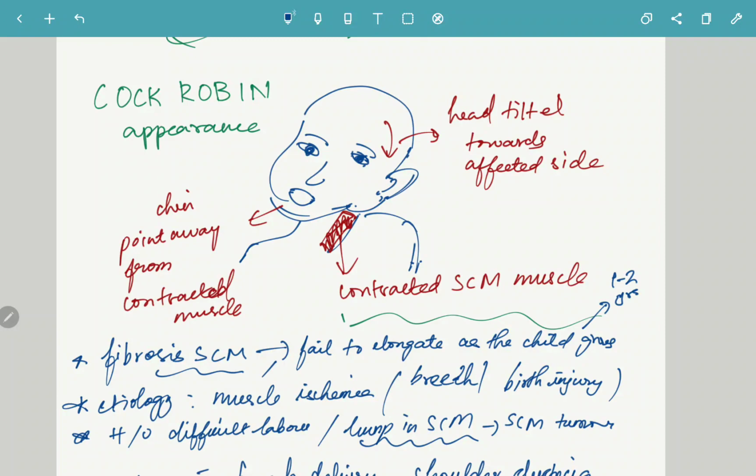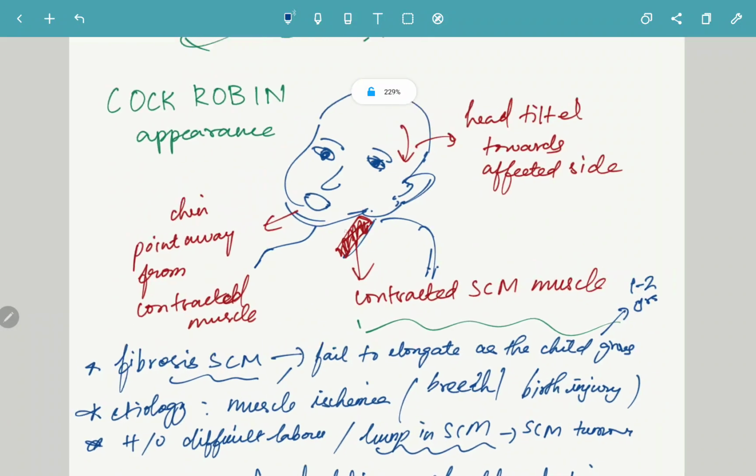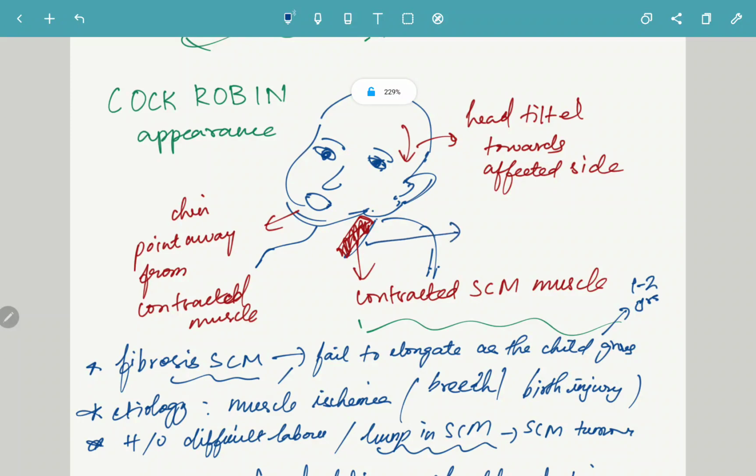The affected sternocleidomastoid muscle may feel tight and hard, and a mass or a knot-like structure is detected in the body of the muscle.